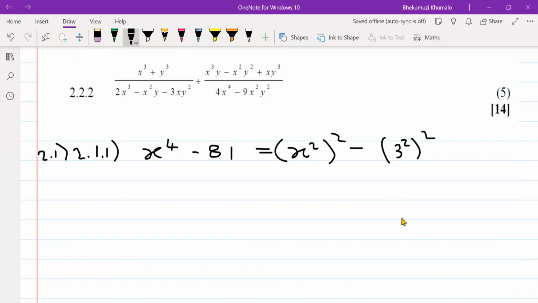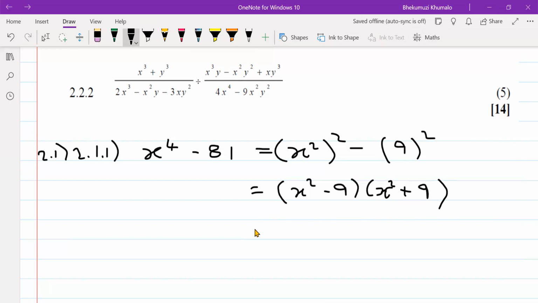So in actual fact, we're going to have to use the difference of two squares twice. But let's leave it as 9 for now. So here we have a difference of two squares, and that would give us x squared minus 9 and x squared plus 9, right?